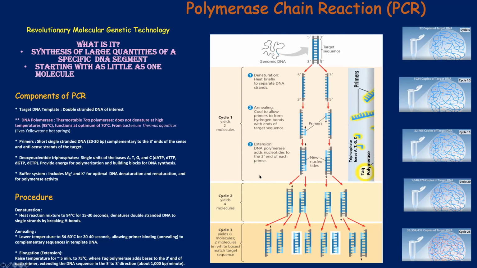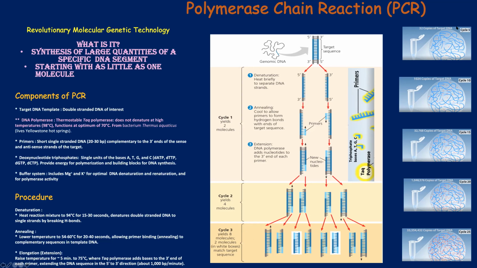And so cycle 2, you again heat it up to denature, allow the primers to anneal, and raise the temperature to 70 degrees for Taq polymerase to act. And now at the end of cycle 2, you've got 4 molecules. Do the same thing, cycle 3, and now you have 8 molecules, starting with just 1.